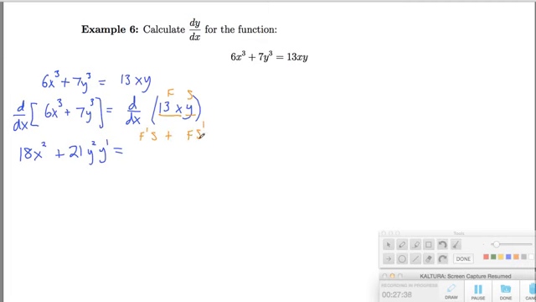The first function is 13x, derivative is 13. Second function left alone is just y. First function is 13x. Derivative of the second function, remember, derivative of y is y prime.